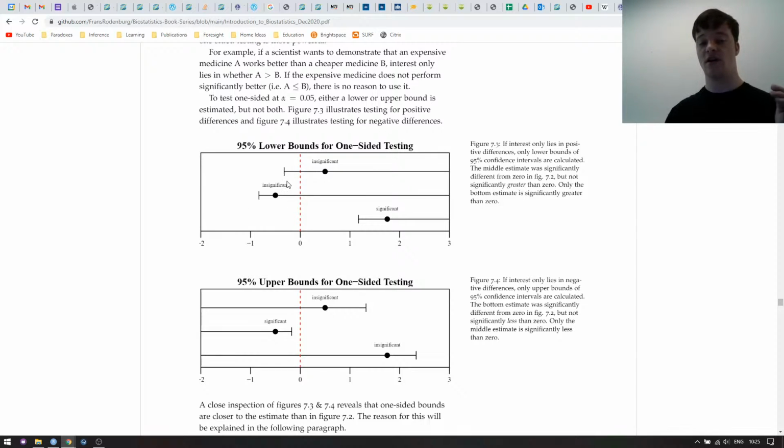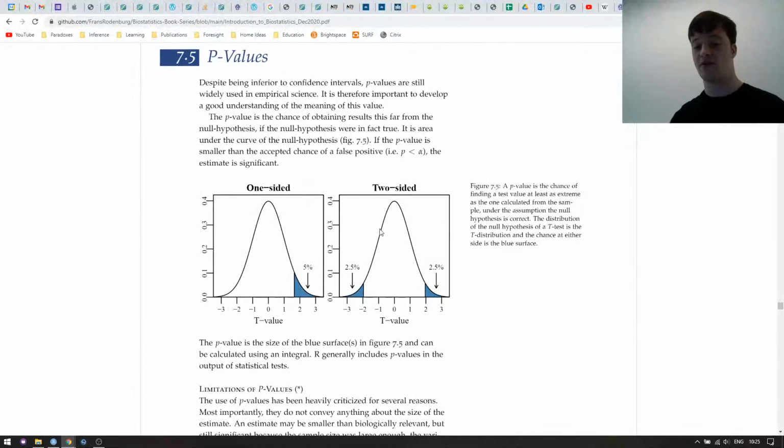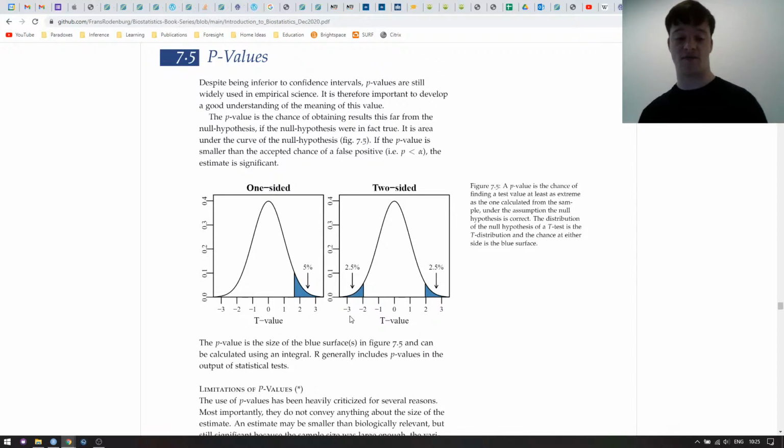So this is when you're testing in one direction. This is when you're testing in the other direction. So that's what the confidence interval looks like. This is how the p-values are calculated. When you have a one-sided test, then you're only looking at one tail, because you're only interested in either a positive t-value or a negative t-value, but not both, because you specify direction.